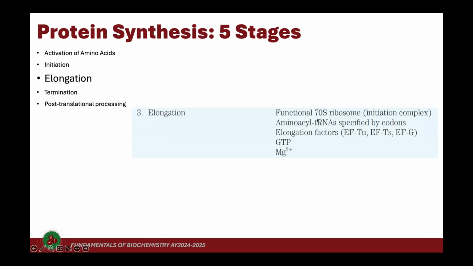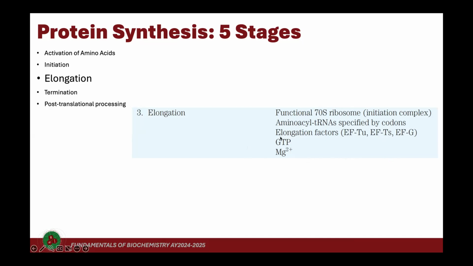For elongation, you need the functional ribosome, which is the combination of the small and large subunits. And then you need the amino acyl tRNAs that read the codons and bring the correct amino acid into the ribosome. You need elongation factors. For prokaryotes, there are three elongation factors, but for eukaryotes, there's only one elongation factor needed.